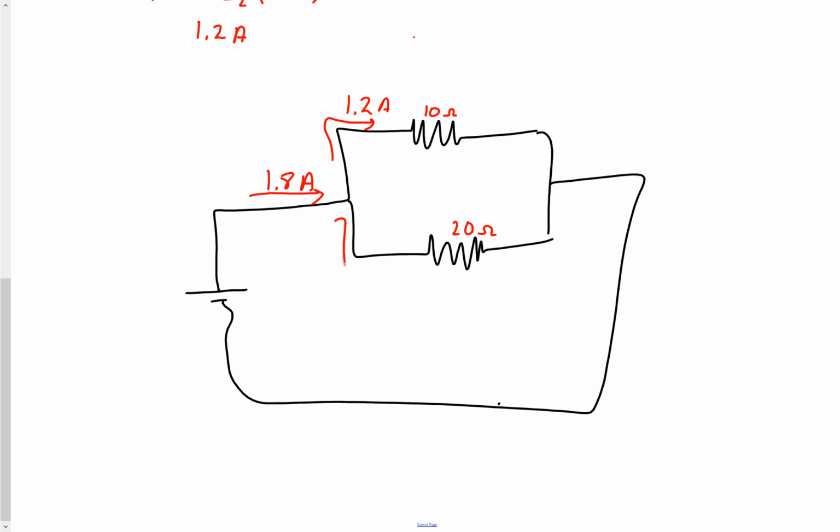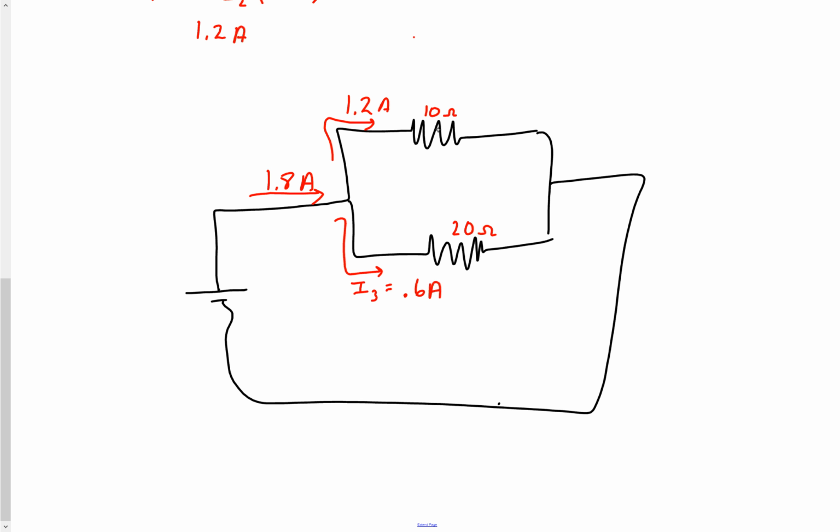So at this point, you should have a pretty good idea of how much current, referred to as I3 in this example, is going through. Well, if there's 1.8 amps of flow coming in, 1.2 amps going through this direction, then obviously there can only be 0.6 amps going through the bottom. Also, look at the numbers. The 20 ohm resistor has twice the resistance of the 10 ohm resistor.